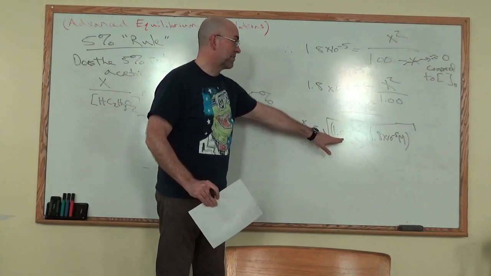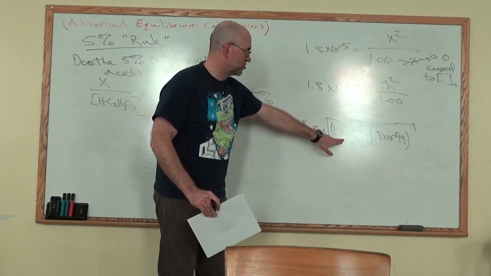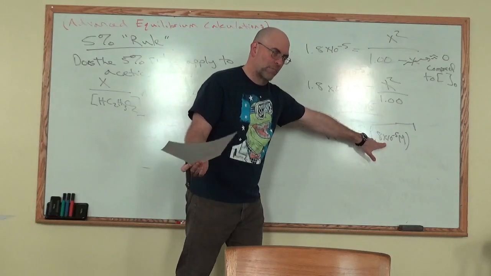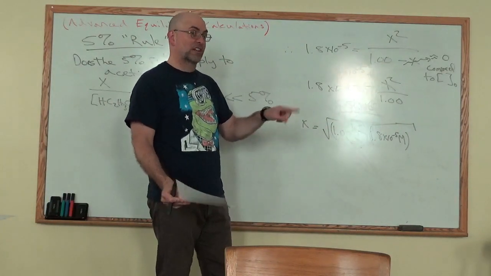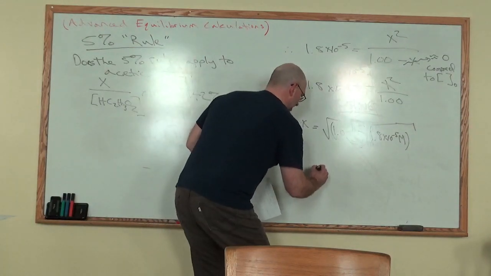This is actually a mathematical equation we're going to use a lot. The initial concentration times the Ka, or Kb for a base, or Kc, it doesn't matter, square root is equal to x. You're going to see this one over and over again. So I'll write that down actually.